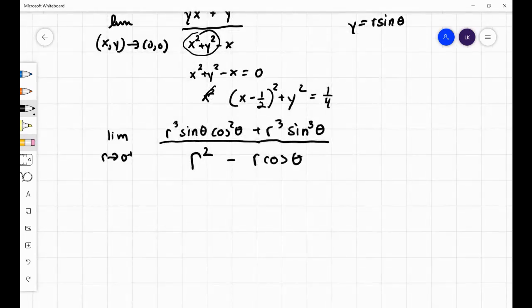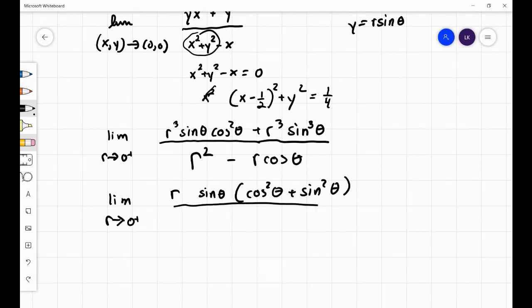Then we can simplify this. We can factor out r in the denominator and the numerator. I can also factor out a sine from the numerator, and I would be left with an r squared here. So we get some nice cancellations. This becomes 1, Pythagorean trig identity.